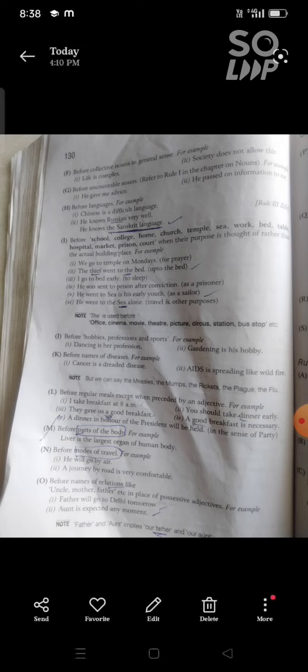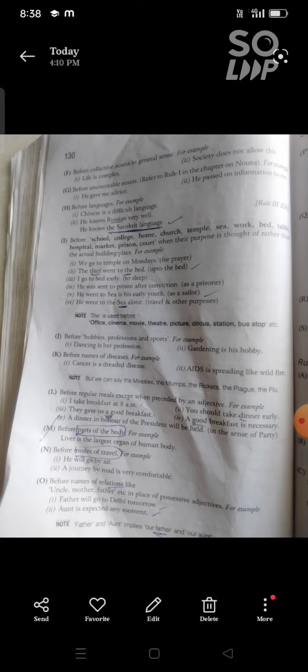Before cancer and AIDS we don't use any articles, but we say the measles, the mumps, the rickets, the plague, the flu. Before these diseases we use the article. This is an important condition.